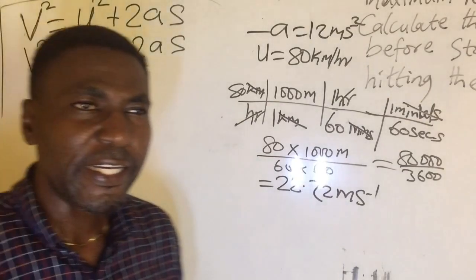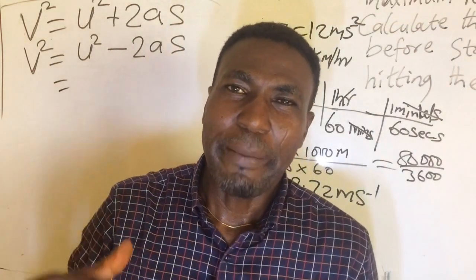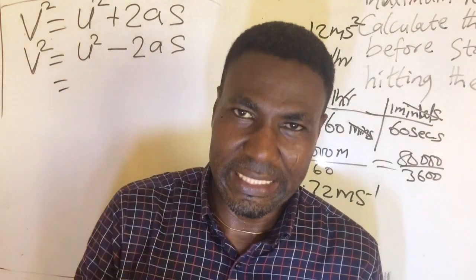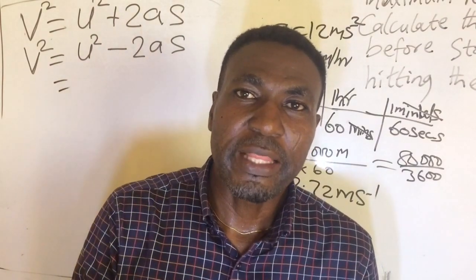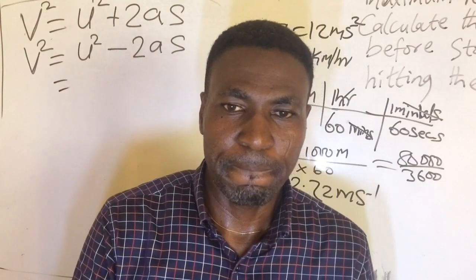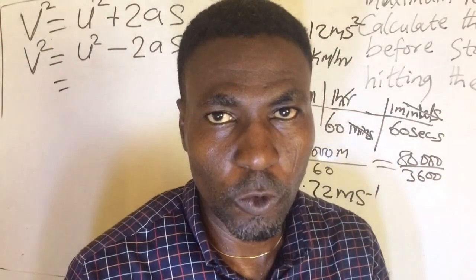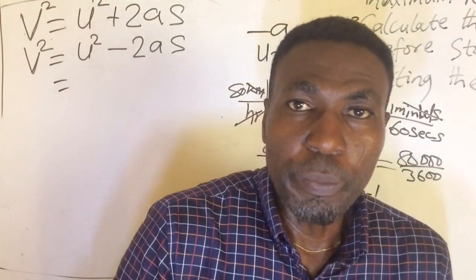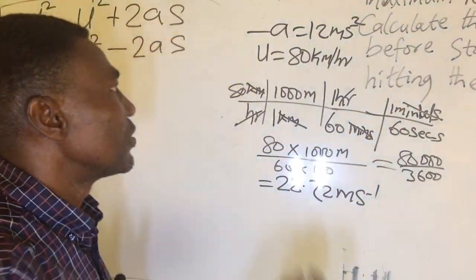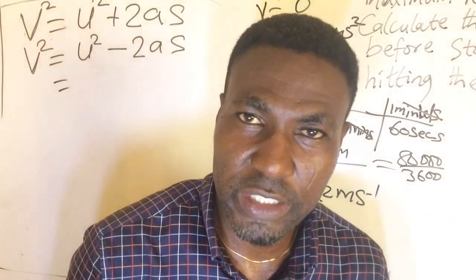So the car started from 80 kilometers per hour, and he applies the brake hard with a retardation of 12 meters per second square. He will stop to avoid killing the goat, which means the final velocity when it stops will be 0, because when a car stops the velocity is 0.